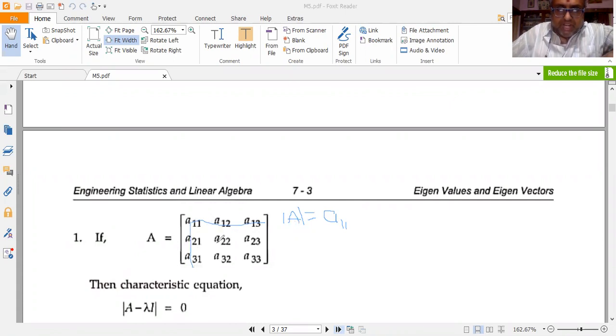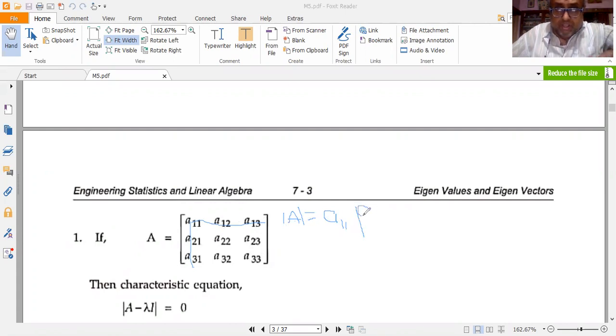The elements that are not included in the deletion, you include. So A11, first row and first column corresponding to A11 I have deleted. Now A11 into, arrange the elements that are not under deletion corresponding to A11.